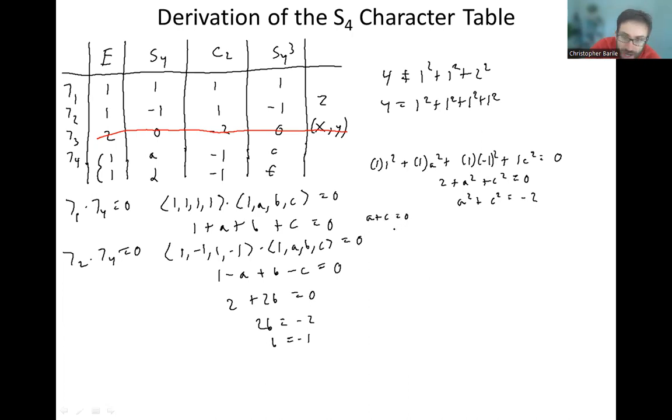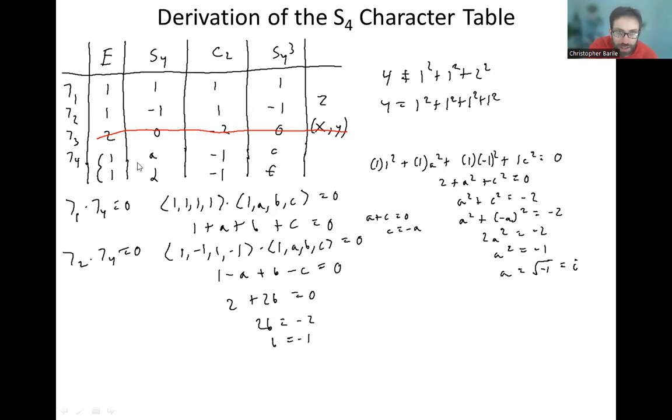So in other words, c we can write as equal -a, then we can plug that in here, sub in for c, -a, and that gets us 2a squared equals -2, a squared equals -1, a equals the square root of -1, which is the definition of I, the imaginary number.